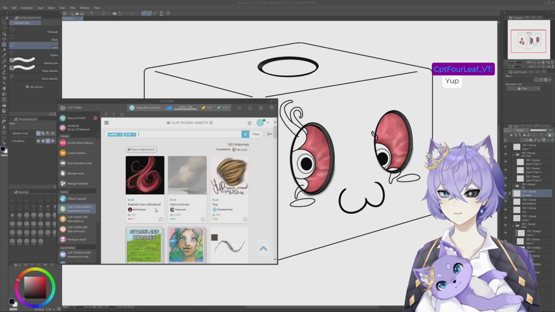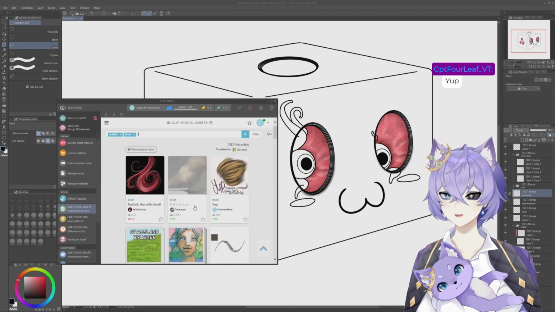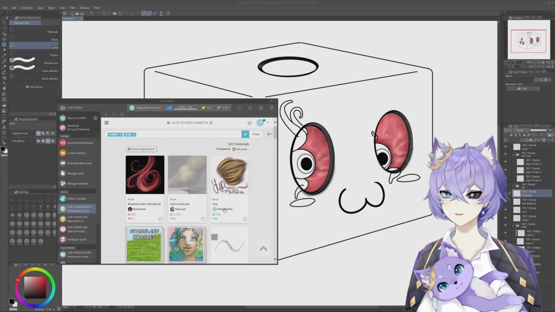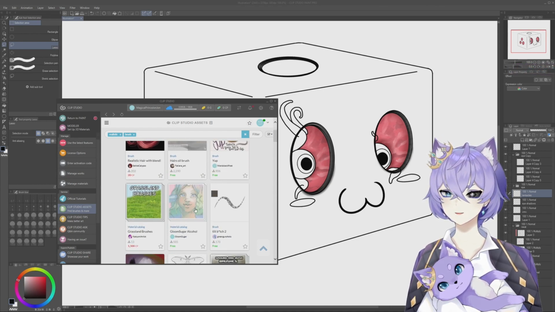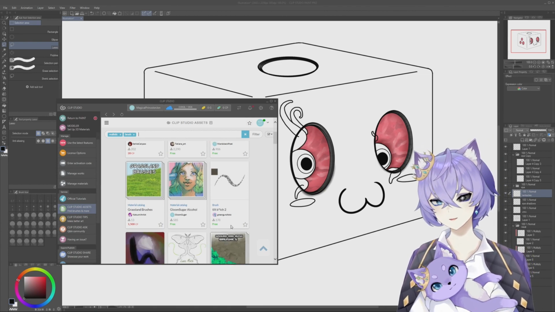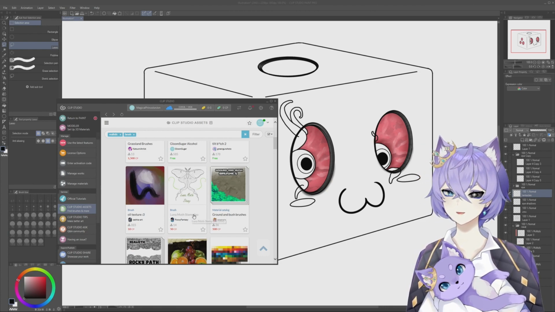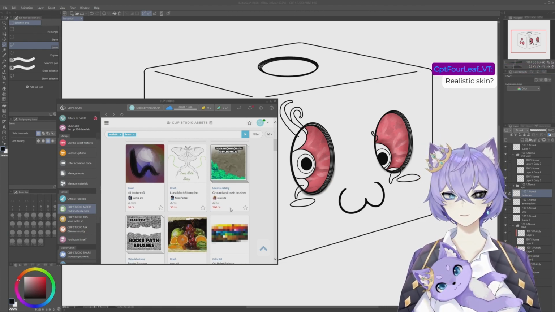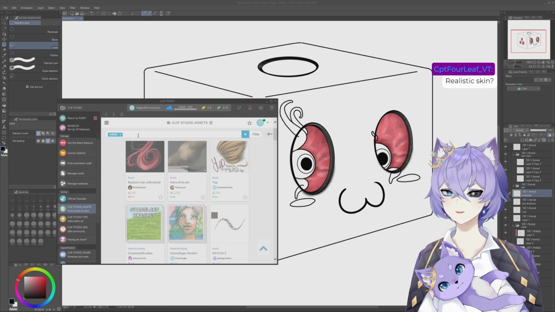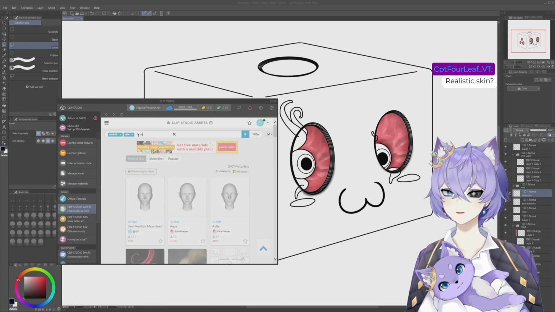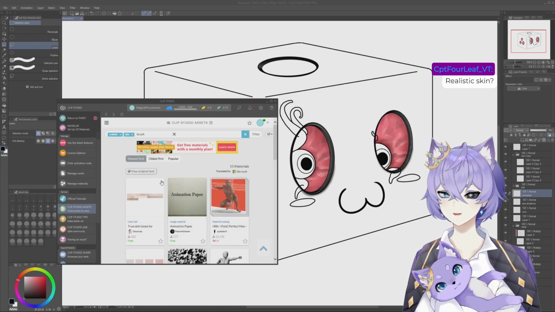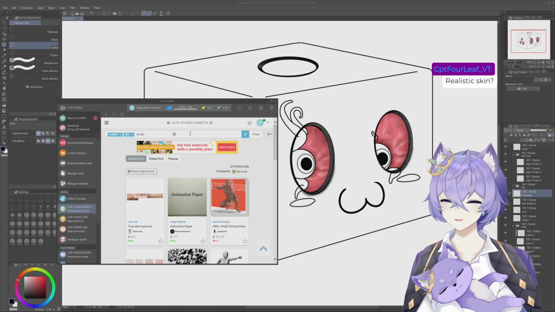Upon doing this, we get realistic hair with blend, hair oils. Yup. Grassland brushes, gloom sugar alcohol, tilt. I'm not going to say that. Luna moth stamp, realistic skin. Oh boy, here we go.